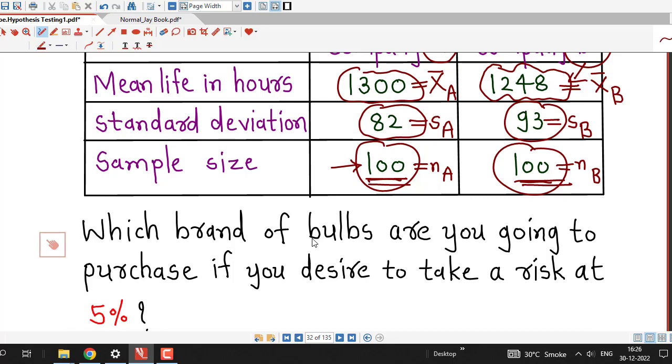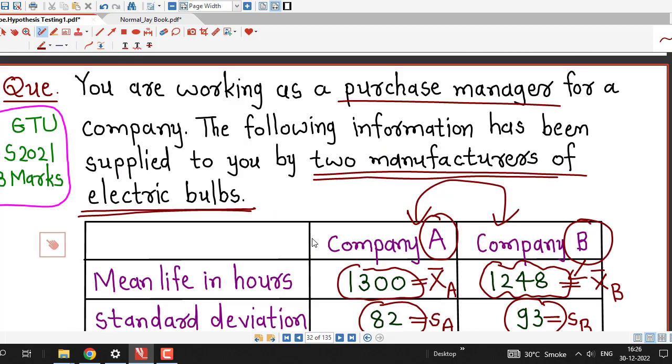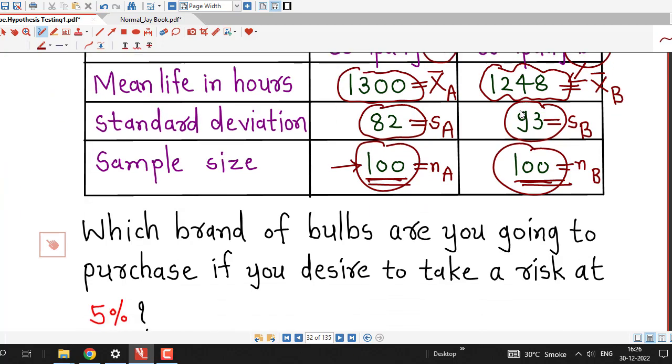Now using this information, you have to decide as a purchase manager which brand of bulbs you are going to purchase if you desire to take a risk at 5% level of significance. That means alpha is given as 0.05, which is the level of significance.